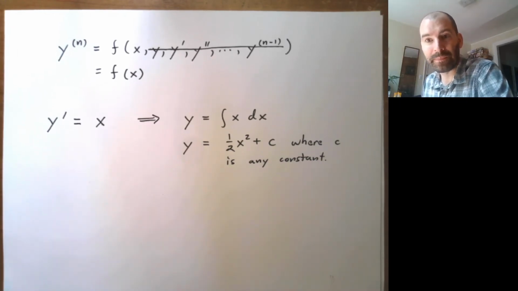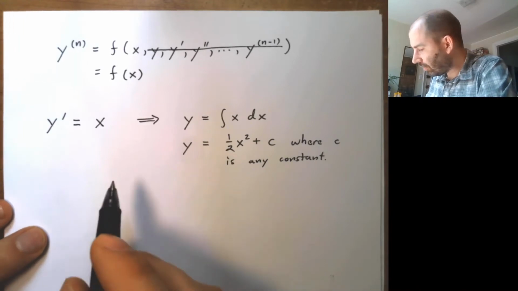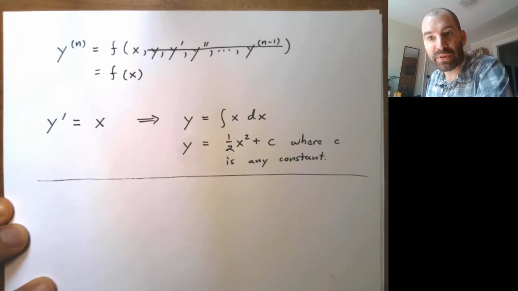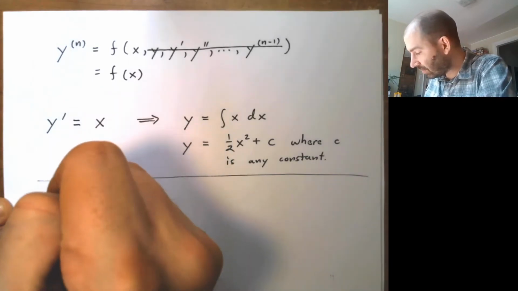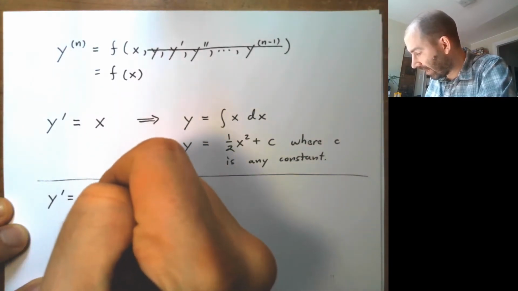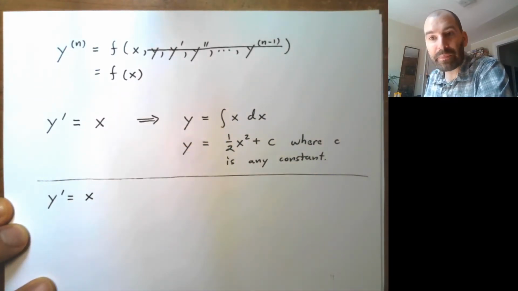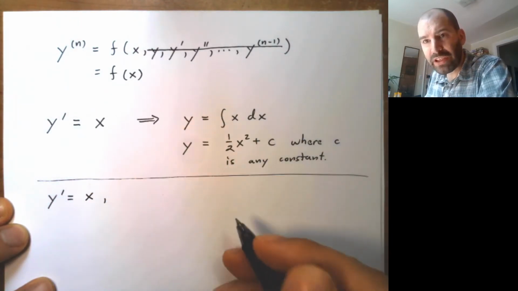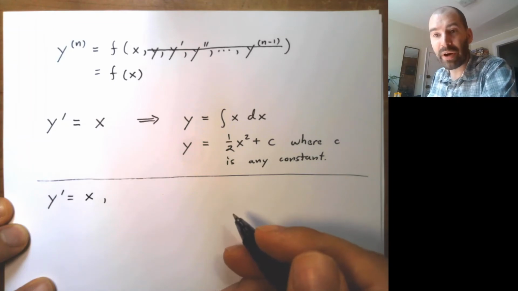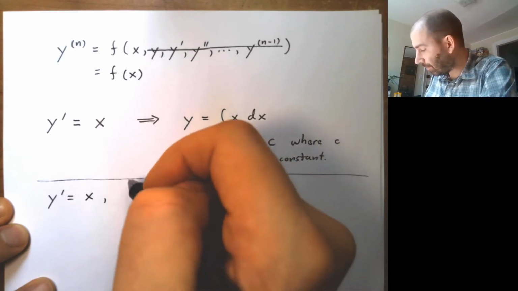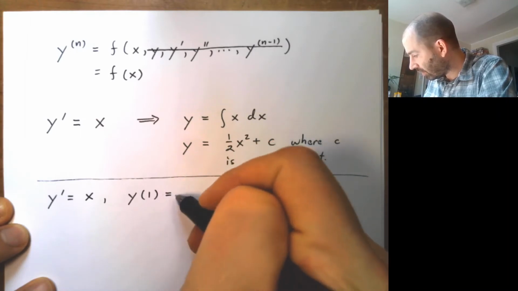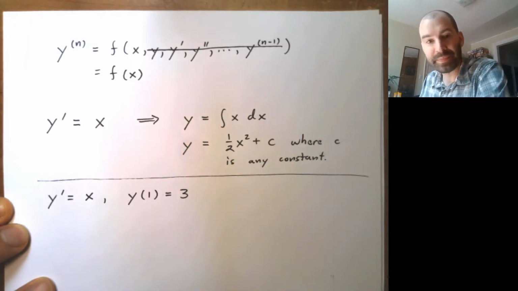There you go. Okay. Now let me show you another way that the differential equation might be presented up front. Instead of simply writing y prime equals x, you might be told some more information here. You might be told that y prime equals x, and moreover, y of 1 is equal to 3.